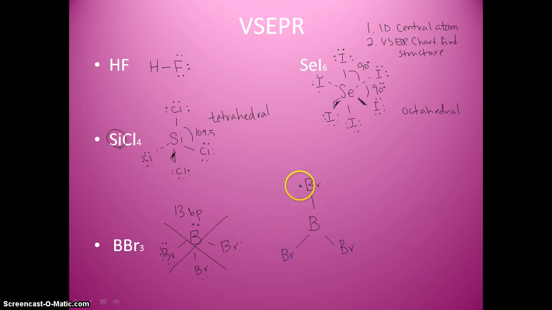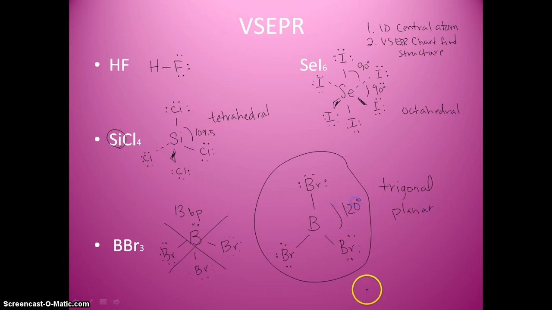Excuse me. And now we have 3, 4, 5, 6, 7, 8, 9, 10, 11, 12. So you know this is the correct structure. Okay? And so this is our trigonal planar. And these angles are 120 degrees.